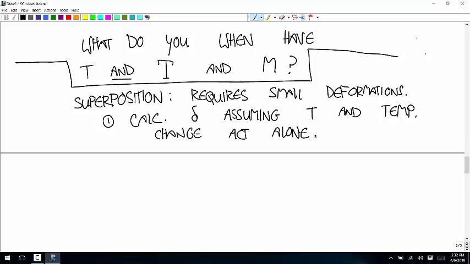And as long as these deformations are small, that'll be basically right. You know, it'll be a good estimate.